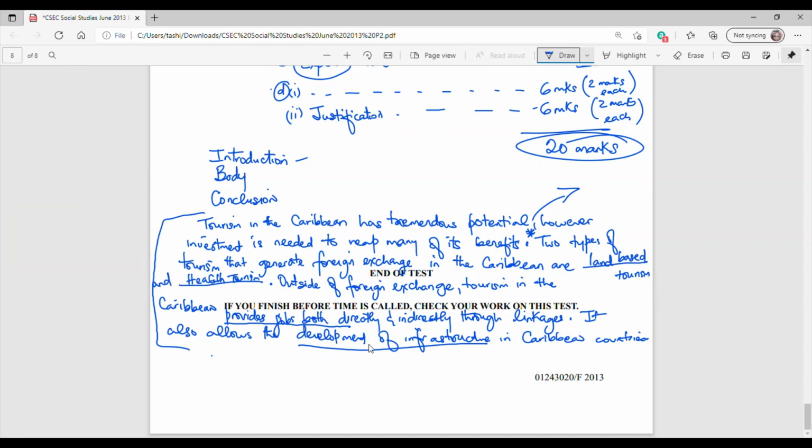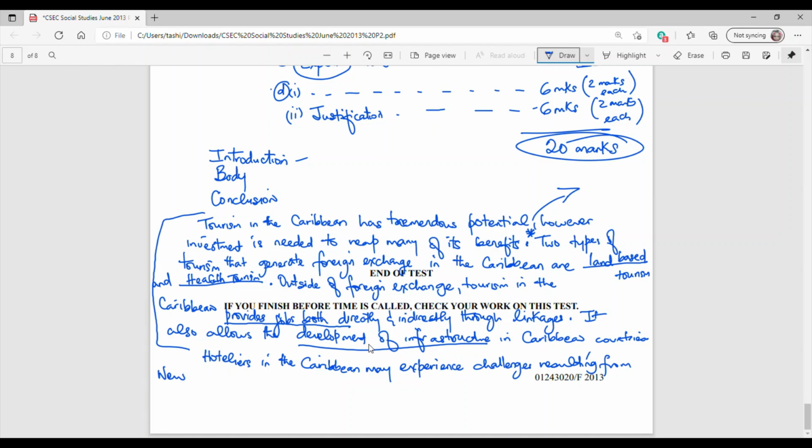So to write it, we can say hoteliers in the Caribbean may experience challenges resulting from new tourist destinations.